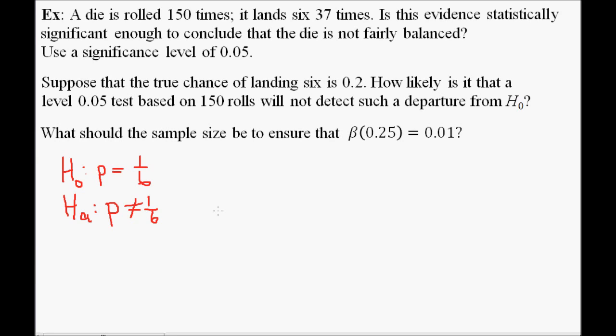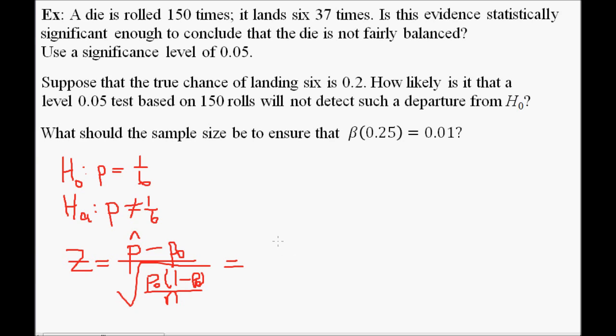Now, this is going to involve the normal distribution, and so we have that the test statistic z is equal to the observed proportion minus the expected proportion, divided by the standard error for the proportion under the null hypothesis. The proportion that I need for the standard error will be the proportion under the null hypothesis. So for this problem, the observed proportion is 37 over 150.